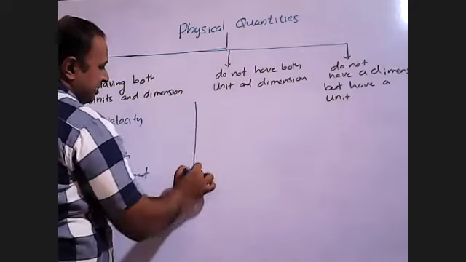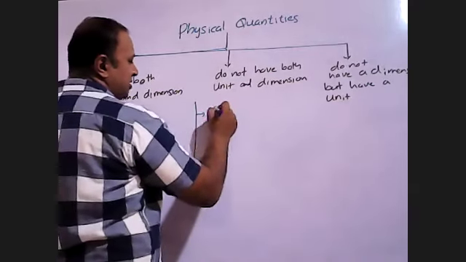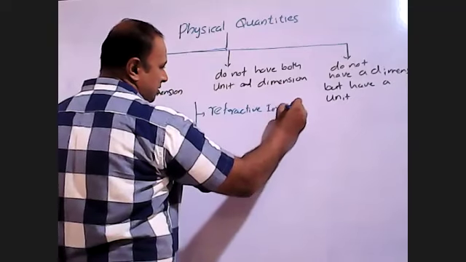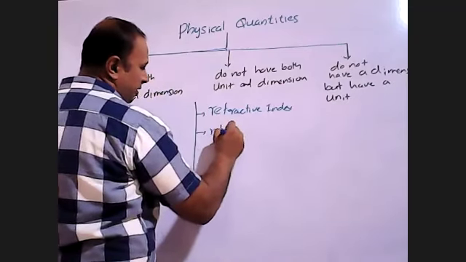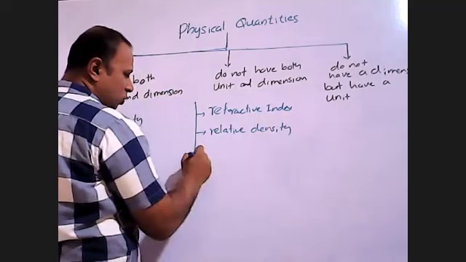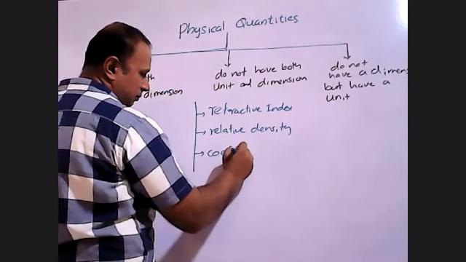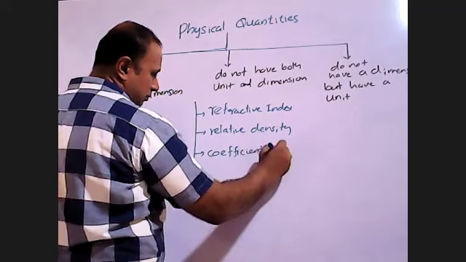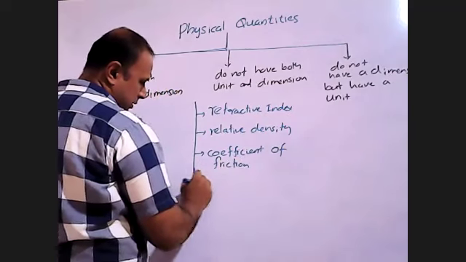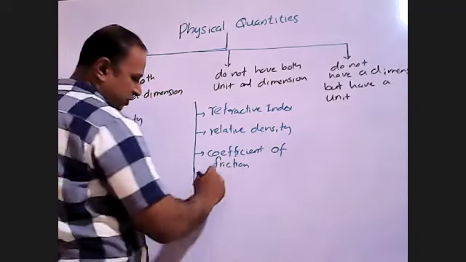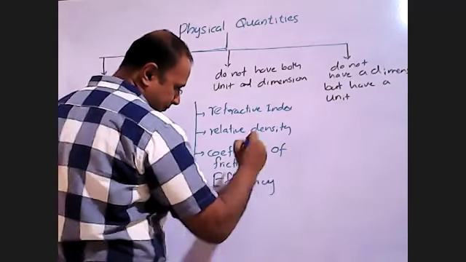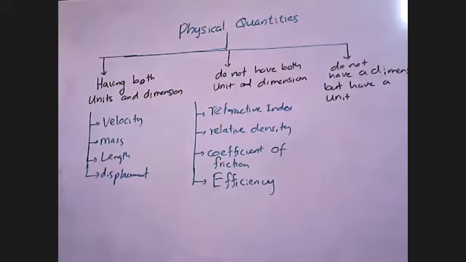So in this case, refractive index, then relative density, coefficient of friction, or efficiency. Those are examples for that category.